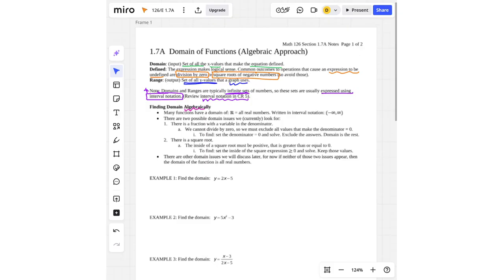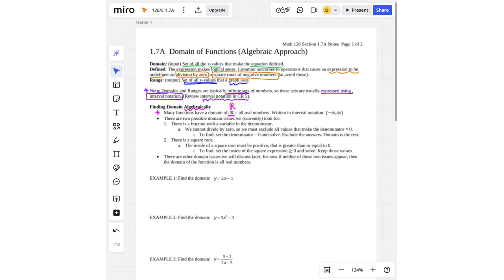The first thing that we're going to talk about is that most functions that we work with have a domain of all real numbers. You'll see me handwrite the symbol for all real numbers as an R with 2 bars. That means our set of all real numbers. Remember, all real numbers are every number that goes on the number line.